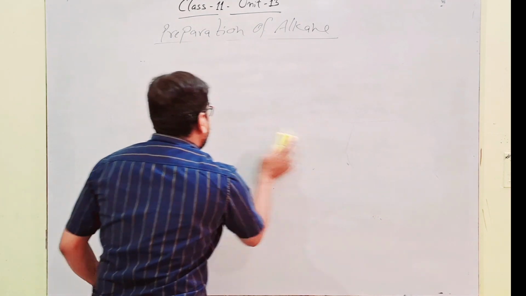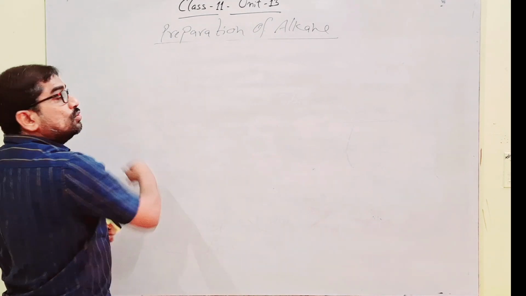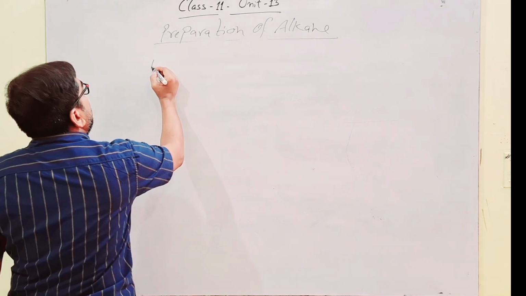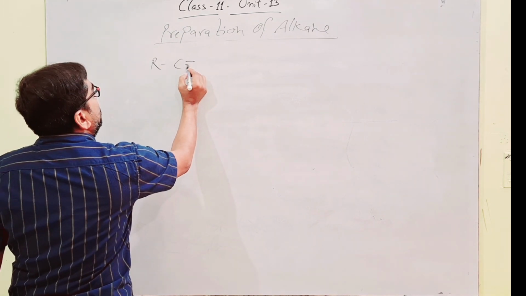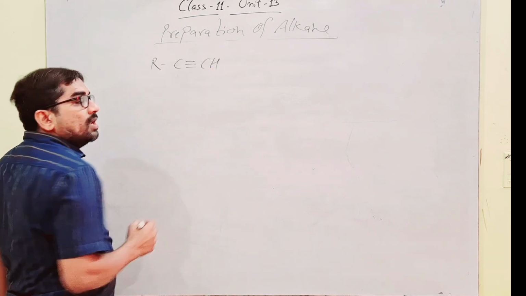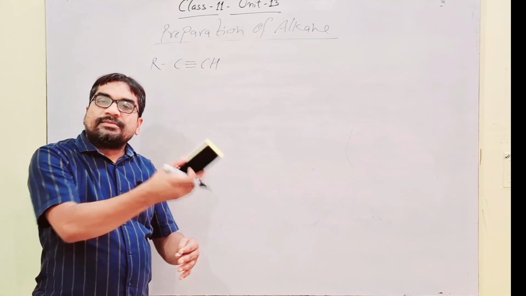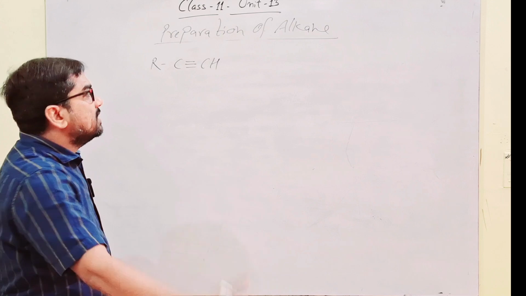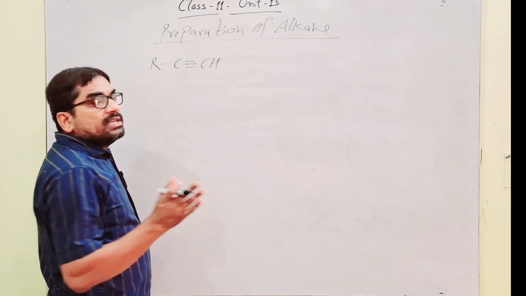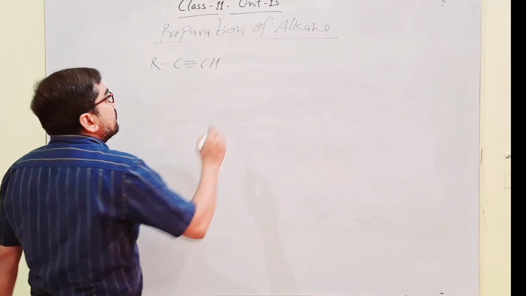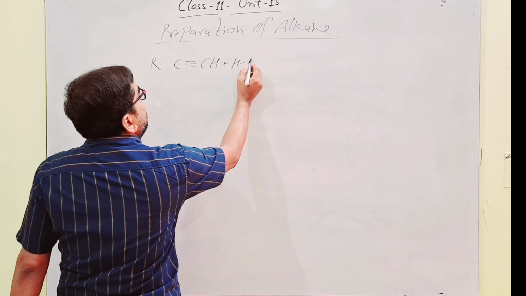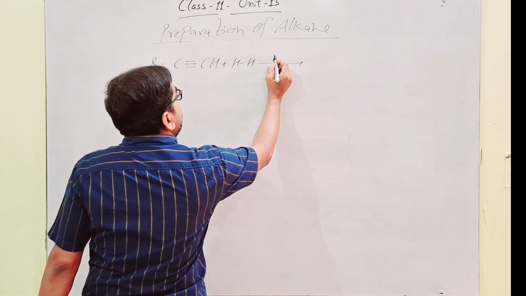If we take an alkyne, then the reaction is carried out in two steps. For alkyne, R C triple bond CH. First the triple bond alkyne is reduced into a double bond, then ultimately into an alkane, that is carbon single bond carbon. That's why the reaction is carried out in two steps. So reduction by hydrogen in presence of Raney-Nickel.